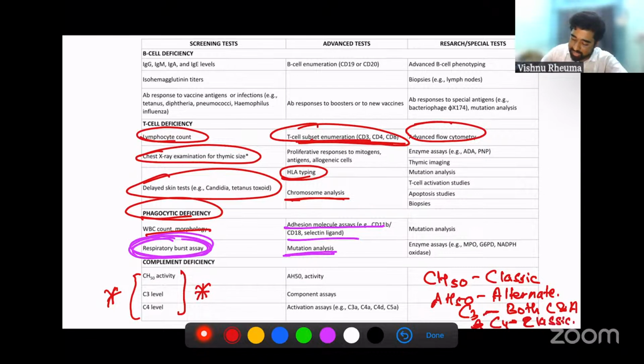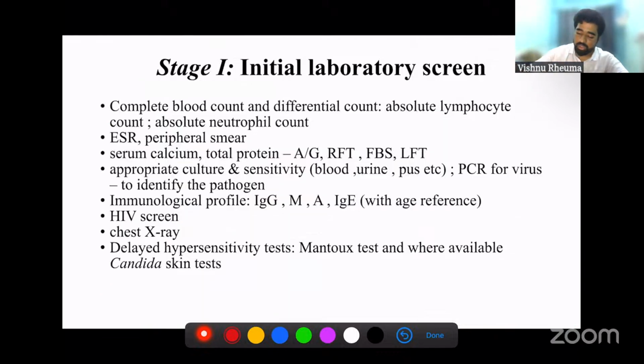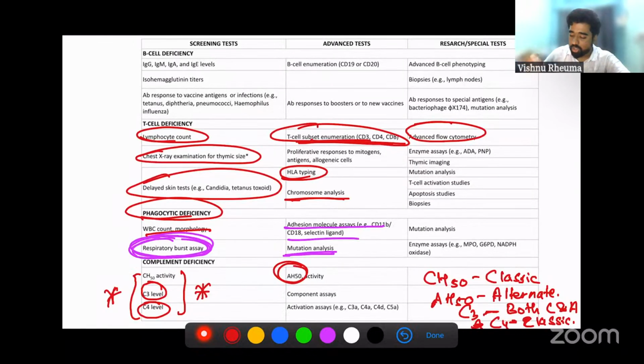So when you see the C3 level, you're testing both, and if both are active, it's okay. With C4 you're testing only the classical pathway. If your alternate pathway is defective, your C4 level will still be normal because it's not part of the alternate pathway at all. AH50 is for your alternate pathway.